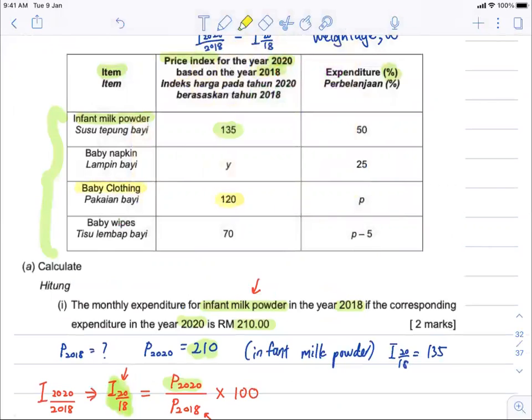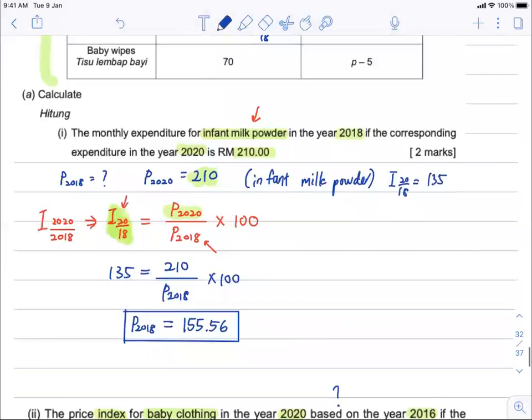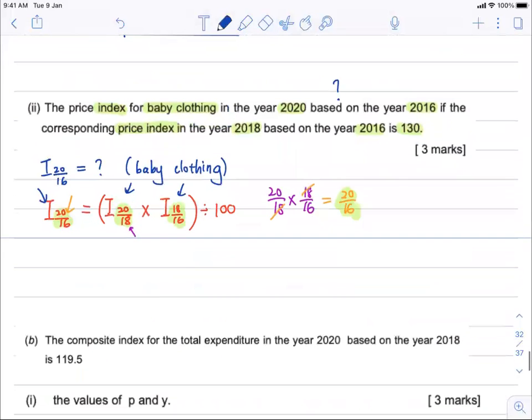This number 120 is I20 over 18. We can write down I20 over 18 is 120. And then we need to find another thing, I18 over 16. This is provided in the question. 2018 over 16 is 130.